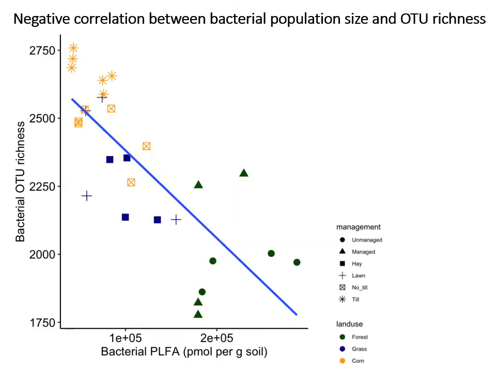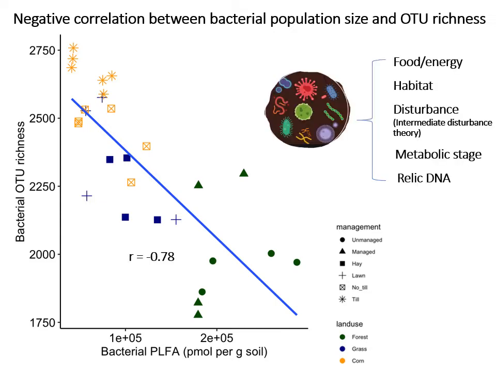And this results in a negative correlation between the bacterial population size using the PLFA method and the bacterial OTU richness. And we think that a few factors may contribute to this inconsistency between the population size and OTU richness.